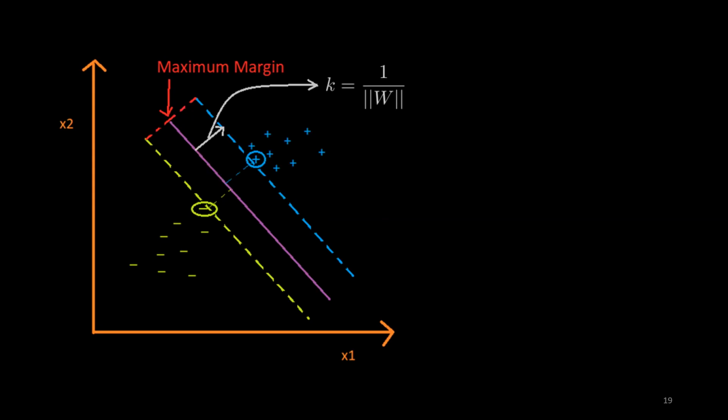The other thing is, we know that if we want to increase the value of k, we have to decrease the magnitude of this weight matrix. And we know that when we decrease the value of weights, or the weight matrix, that process is called regularization.